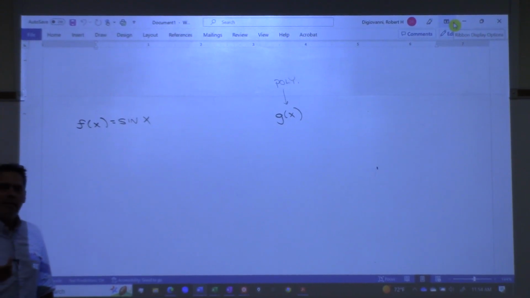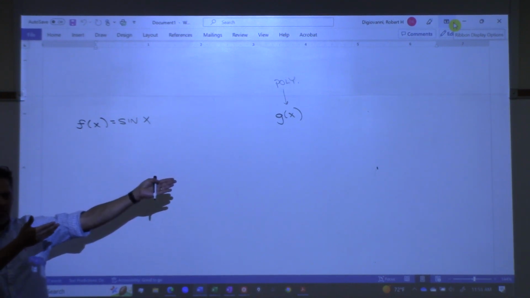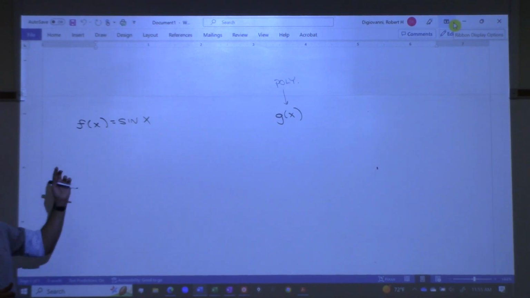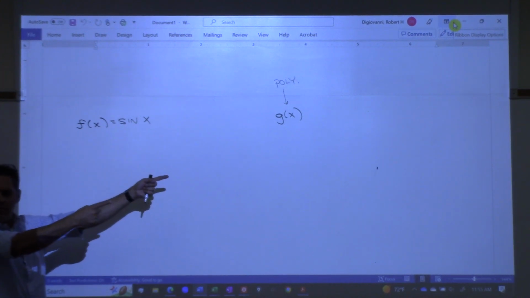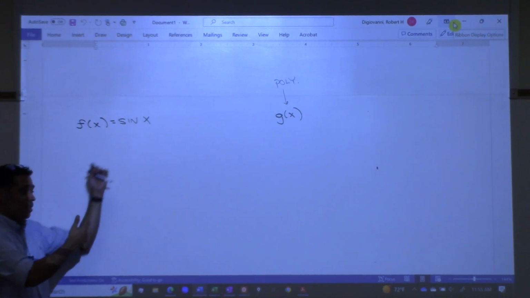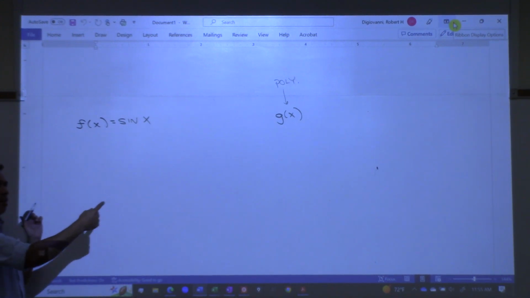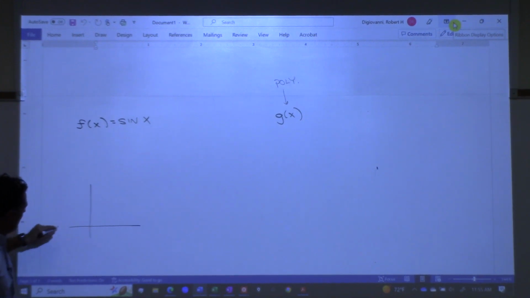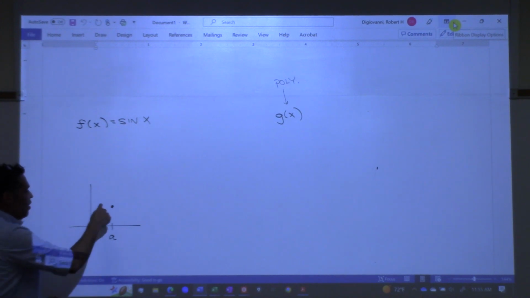Would you agree that when I plug 0 into this, I should get the same answer as plugging 0 into that? And when I take the derivative of this and plug in 0, I should get the same thing as taking the derivative of that and plugging in 0. And when I take the second derivative of this and plug in 0, I should get the same as the second derivative over there. In other words, if I want these two things to look the same, then at some point, let's say at some point a, they should both go through that same point.